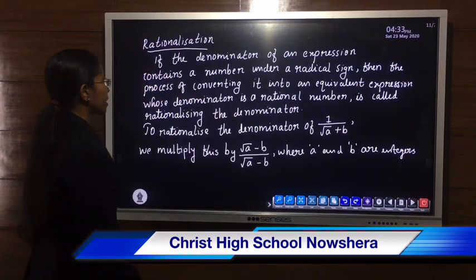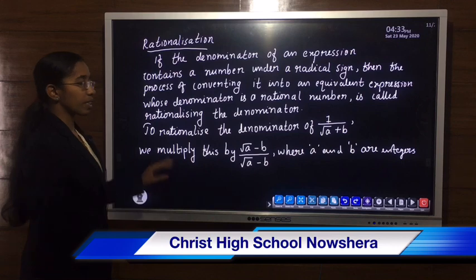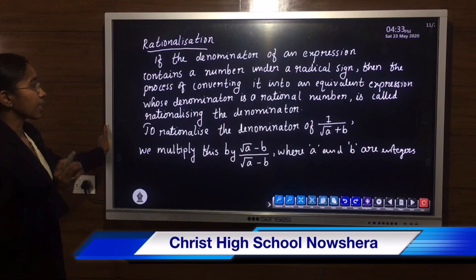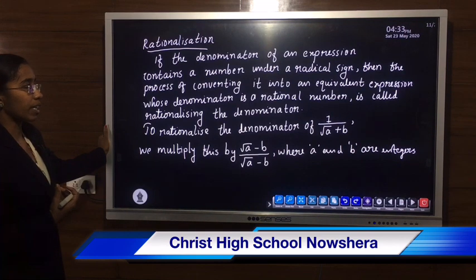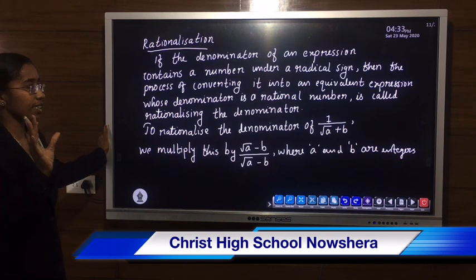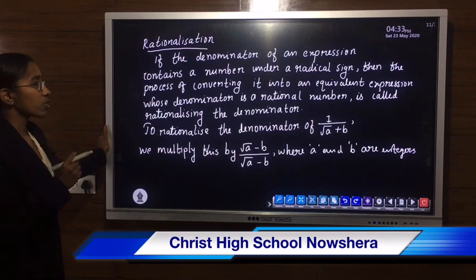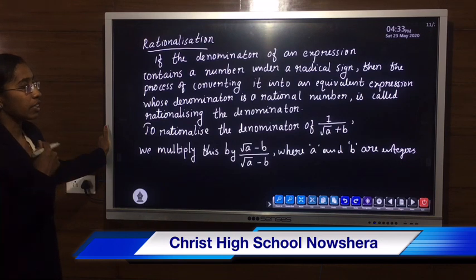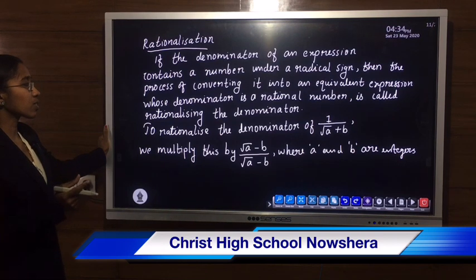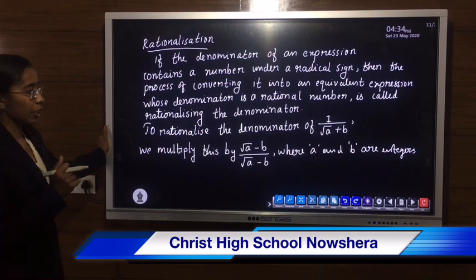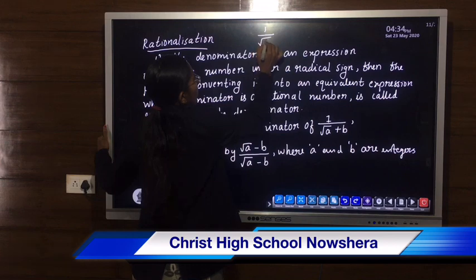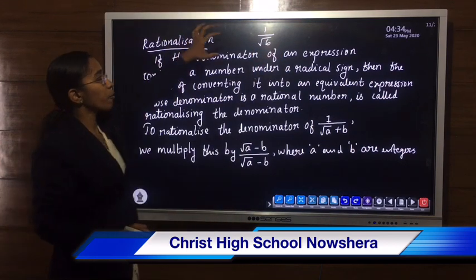And the next topic is rationalization. Okay, this one is very important. If the denominator of an expression contains a number under a radical sign, that square root sign is the radical sign, then the process of converting it into an equivalent expression whose denominator is a rational number is called rationalizing the denominator. Suppose 1 by root 6, this is in the form of p by q.